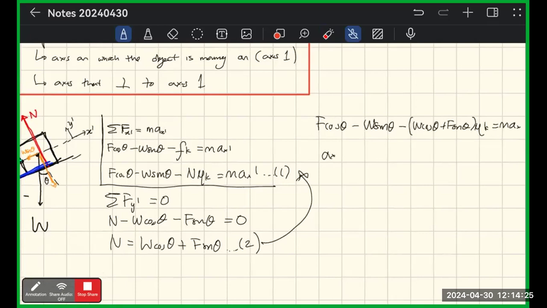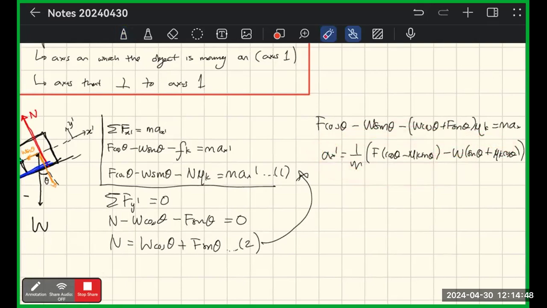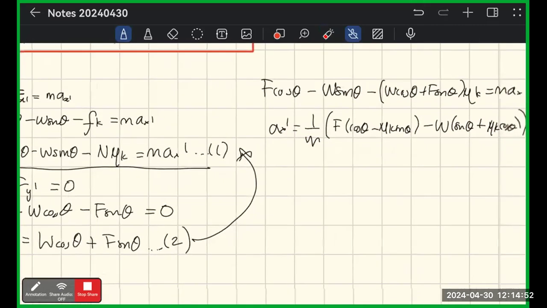So a x prime equals 1 over m, F cos theta minus mu k sine theta, minus W sine theta plus mu k cos theta. Yeah, whatever. This is just math. You just reformulate this. I just reformulate this to this form because I like this form better. And then we just plug in the values.